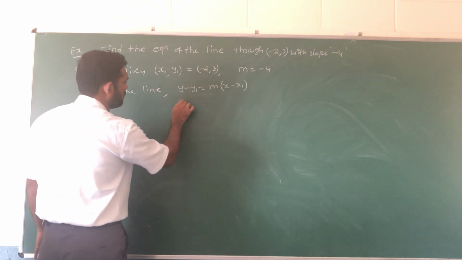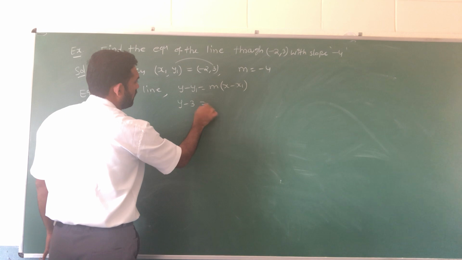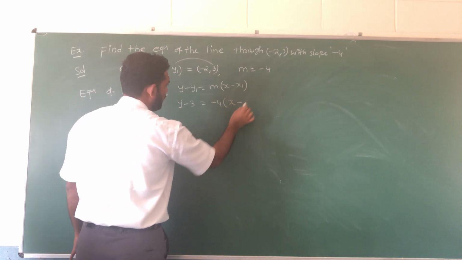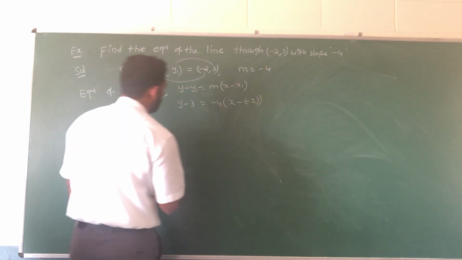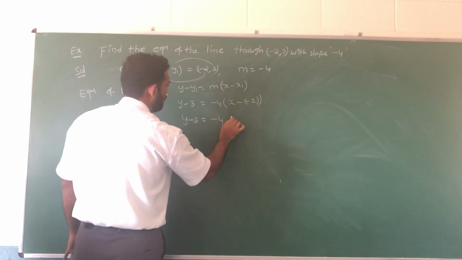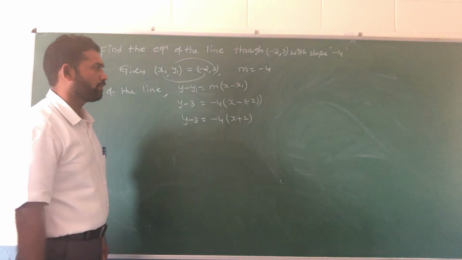So y minus y1, where y1 is 3, m value is -4, x minus x1 where x1 is -2. So y minus 3 equals -4 of x plus 2. Minus of minus, x plus 2.